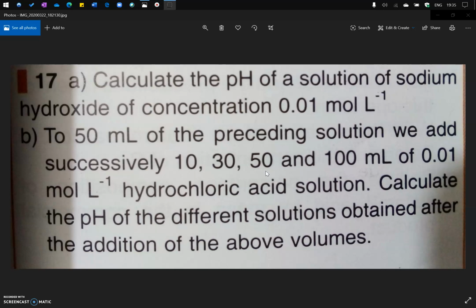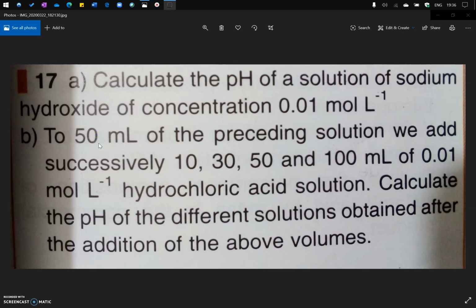Because if we write the reaction, H3O+ + HO- gives 2H2O, the reactants will be in stoichiometric proportions and will react completely. If we have 10 milliliters of the acid and 30 milliliters of the base, the solution will be basic, because in this case the 10 mL of the acid will react with 10 mL of the base.